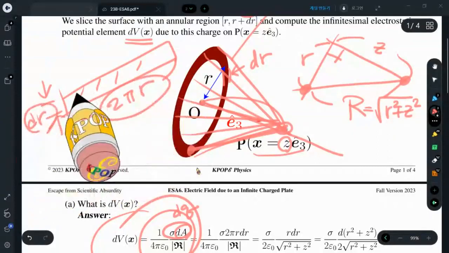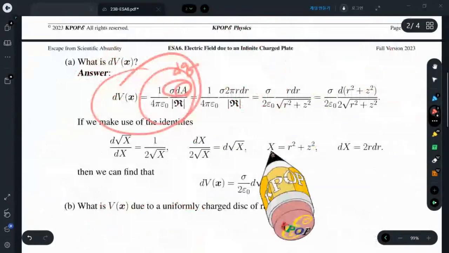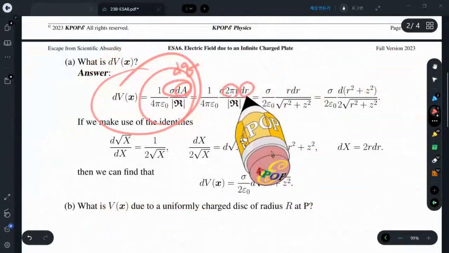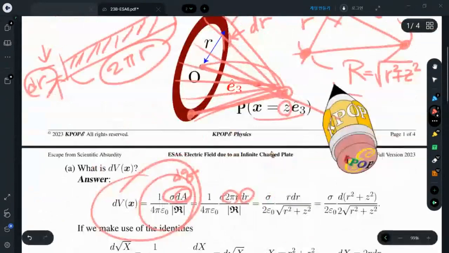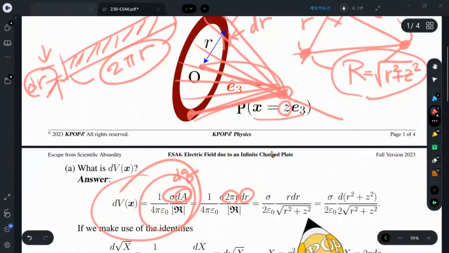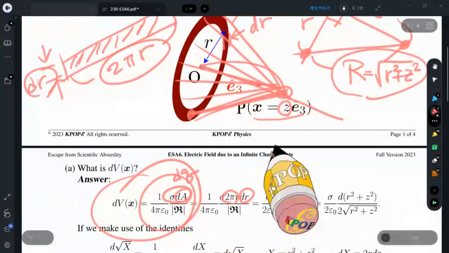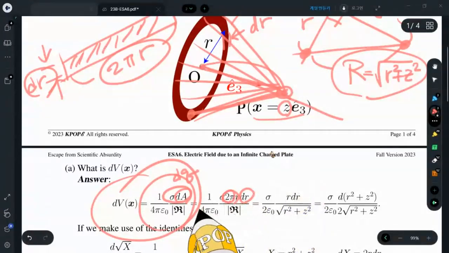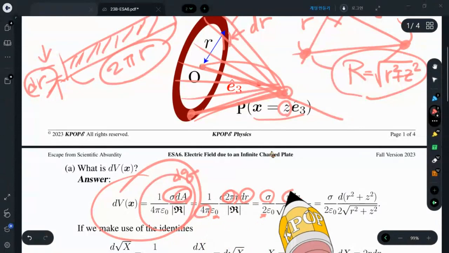So the area of this annular region should be 2 pi r multiplied by dr. Now I substitute this in the denominator, and then this is 2 pi, 4 pi. I have 2 and epsilon 0, the permittivity constant. Sigma is left, and r squared.